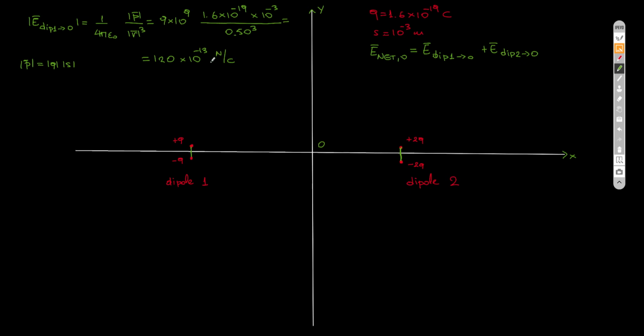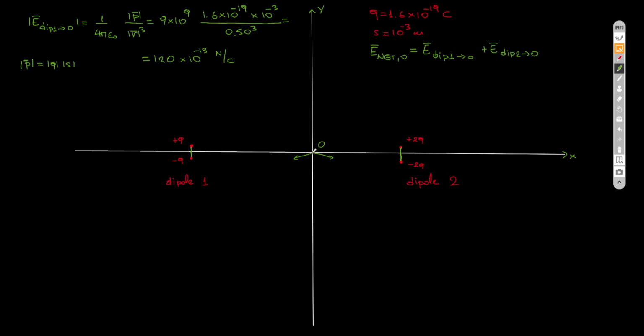Now I want to find the direction of that electric field. What I have here is just a number. I know that the positive charge, the plus Q, will create an electric field at O that points away, so it's going to be somewhere like this way, and minus Q will create a field pointing towards minus Q, so it's going to be something like this.